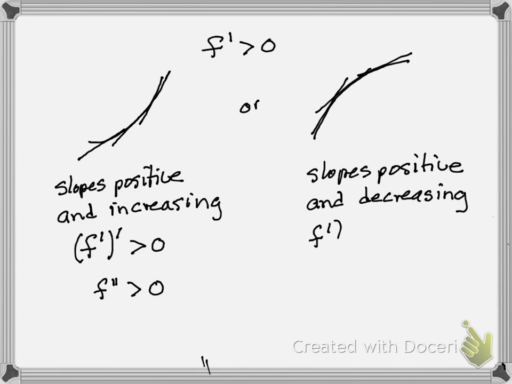So the rate of change of the slopes is negative because the slopes are decreasing. F double prime is less than 0. So if f prime is positive and f double prime is also positive, we have this kind of shape. If f prime is positive and f double prime is negative, we have this kind of shape.